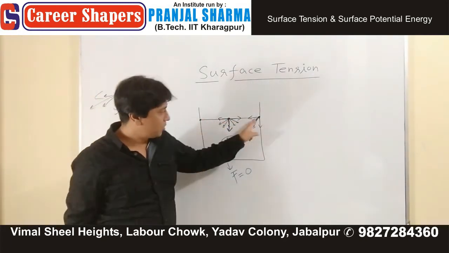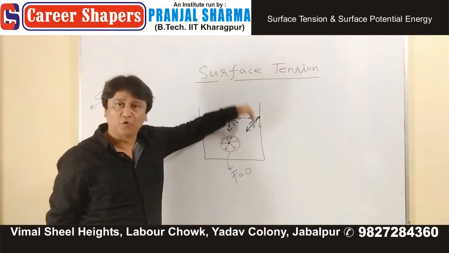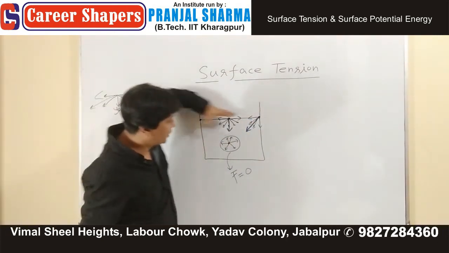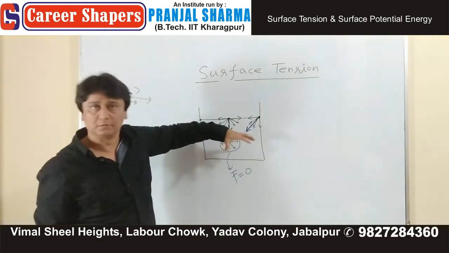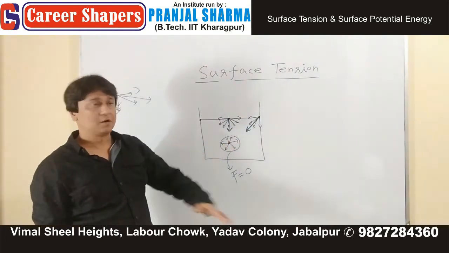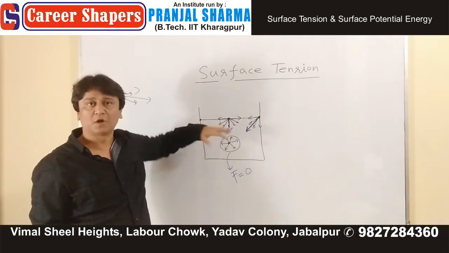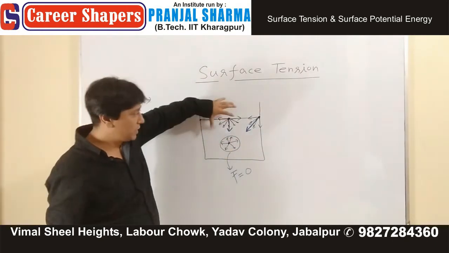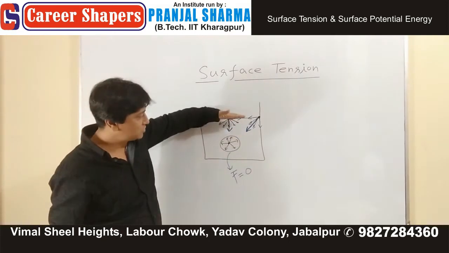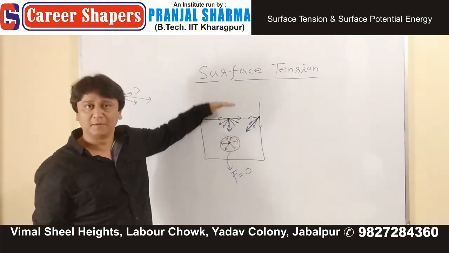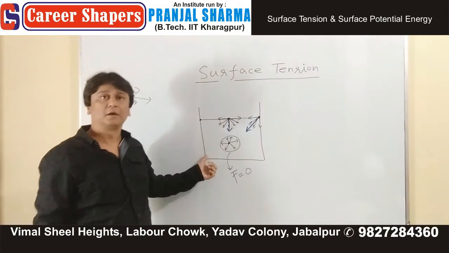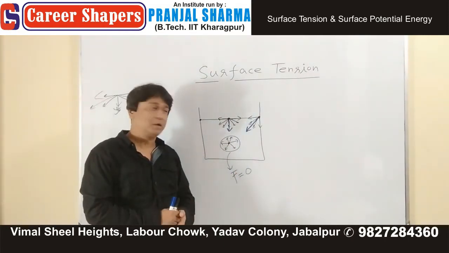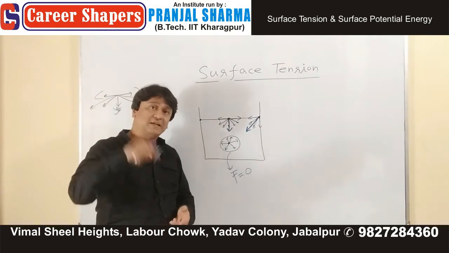Each and every molecule is under a downward force, as if something is pushing the top surface down. But these liquids are what? Incompressible liquids. You cannot bring this top surface down, because if it comes down, then you're basically compressing the liquid, which is not allowed.